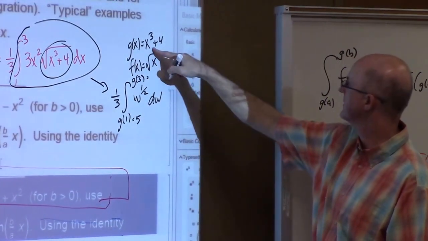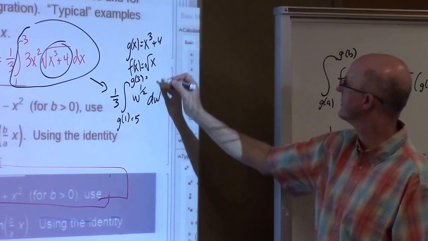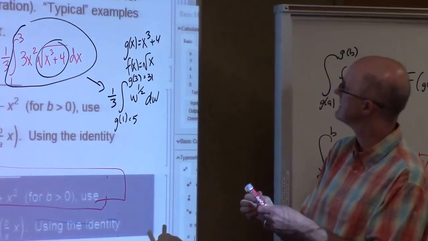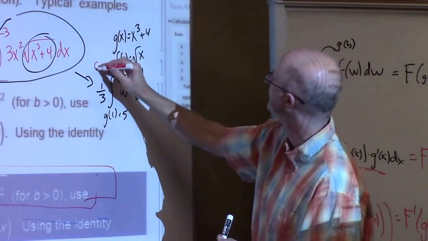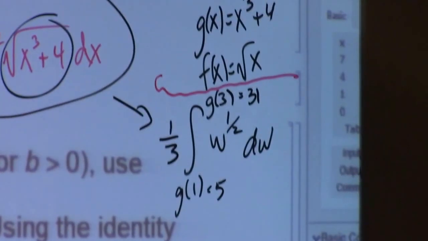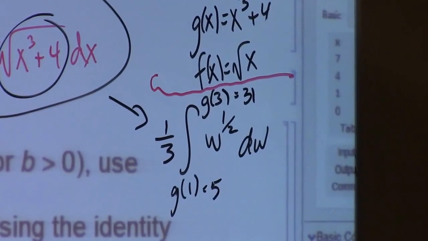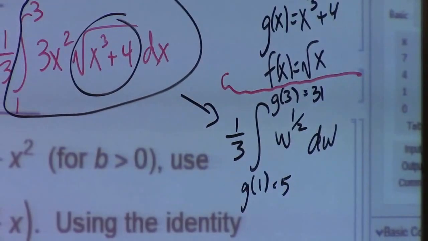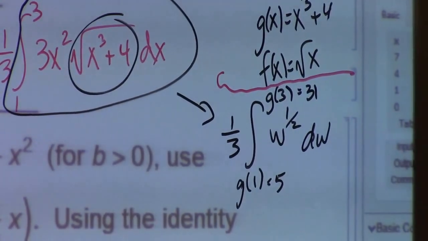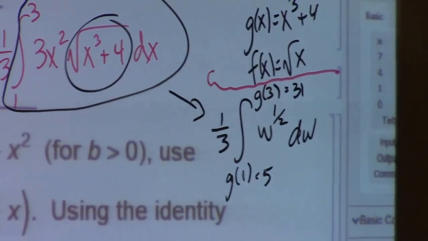And g of 3, I plug 3 into here. I get 27 plus 4 is 31. Sorry, this is kind of a mess here. Okay, so you should be able to see the connection with the abstract formula is the point. The 1/3 there just needs to be kept in front to keep the connection more clear.